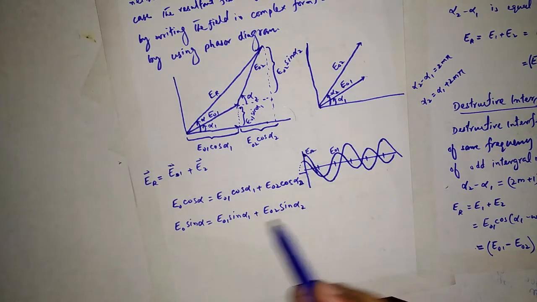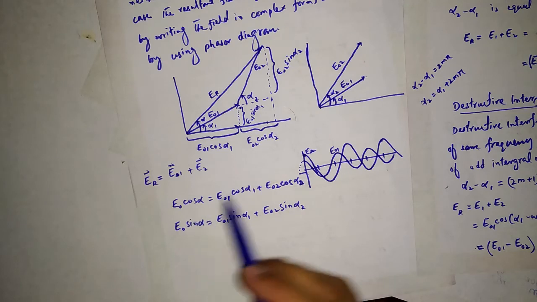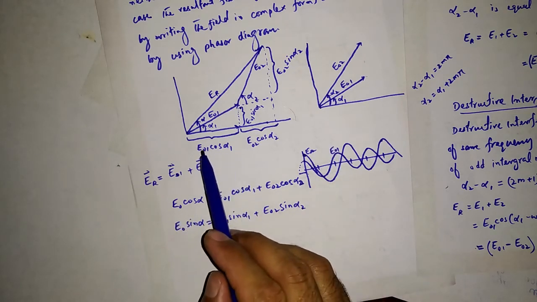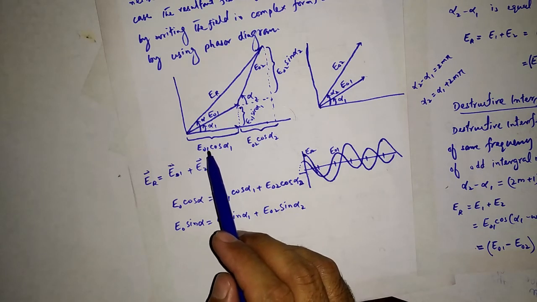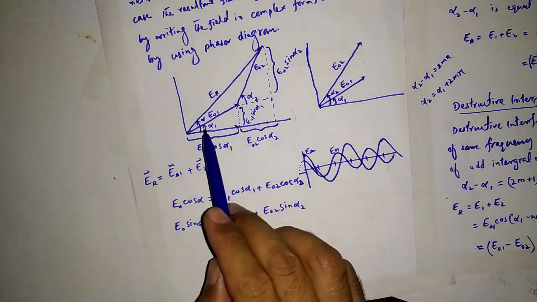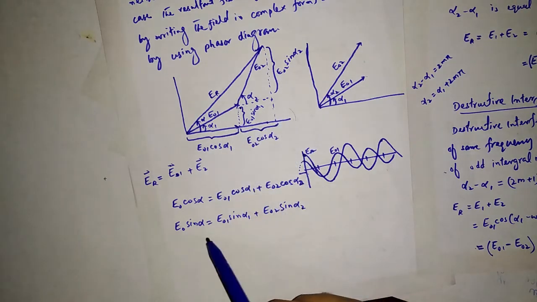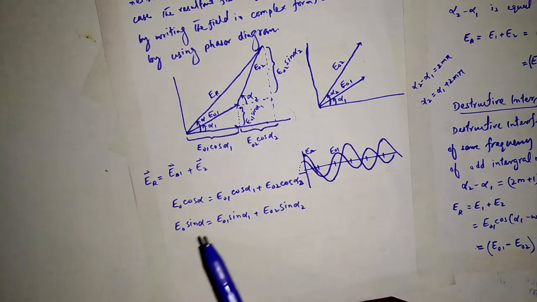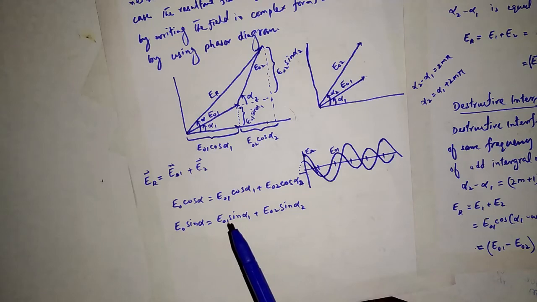Clear? Remember, here the horizontal component gives one component of the resultant field, and the vertical component, which is E naught sine alpha, gives the second component of the resultant field.